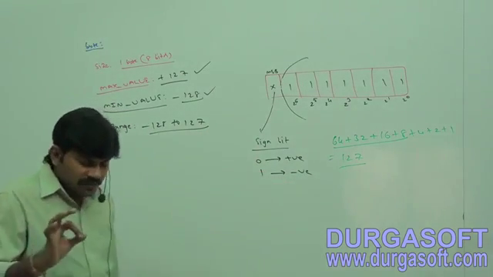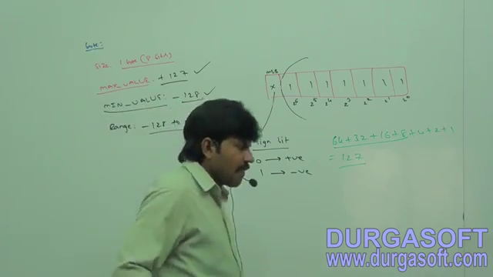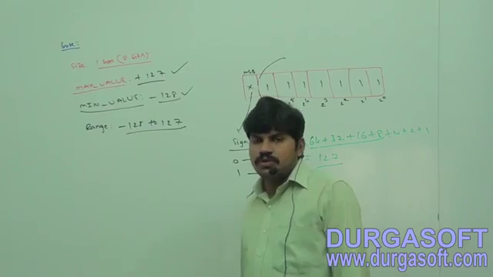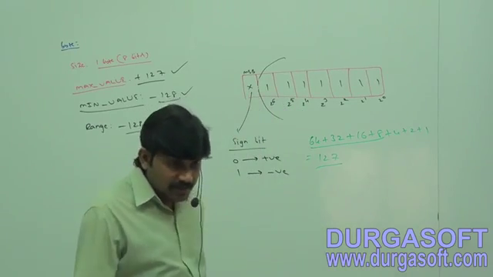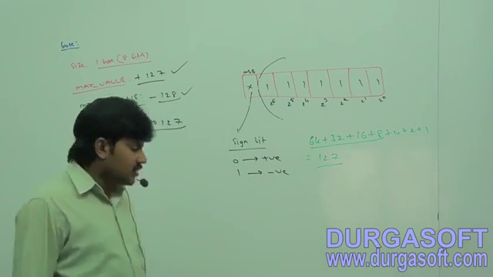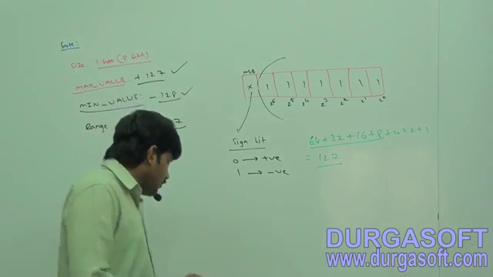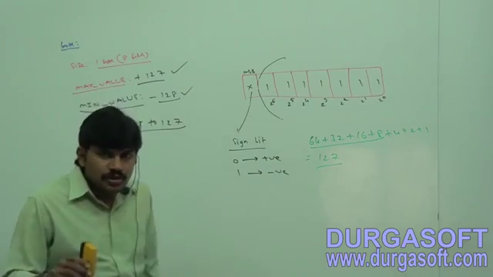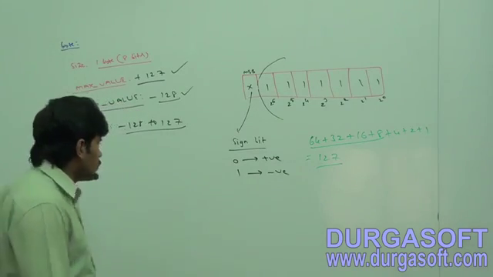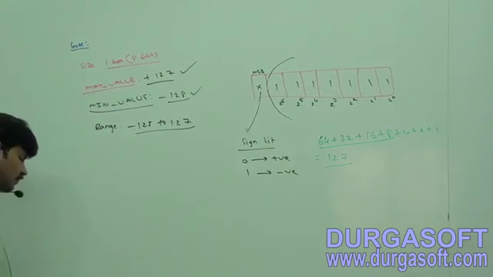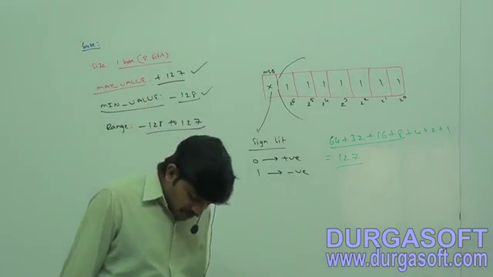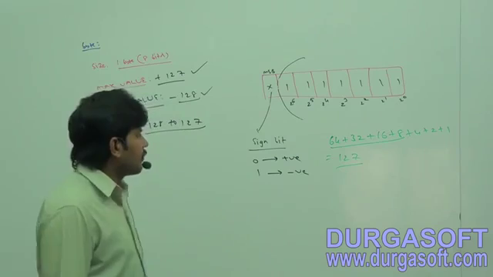The most significant bit acts as the sign bit. 0 means positive number. 1 means negative number.